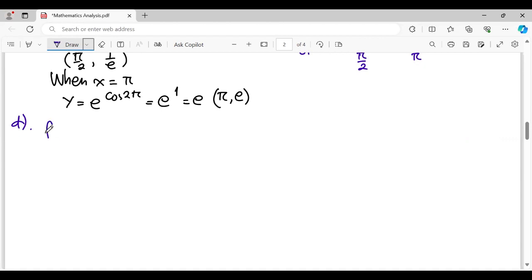The Maclaurin series, I will write down first. f(0) plus the first derivative, but x should be changed to 0.